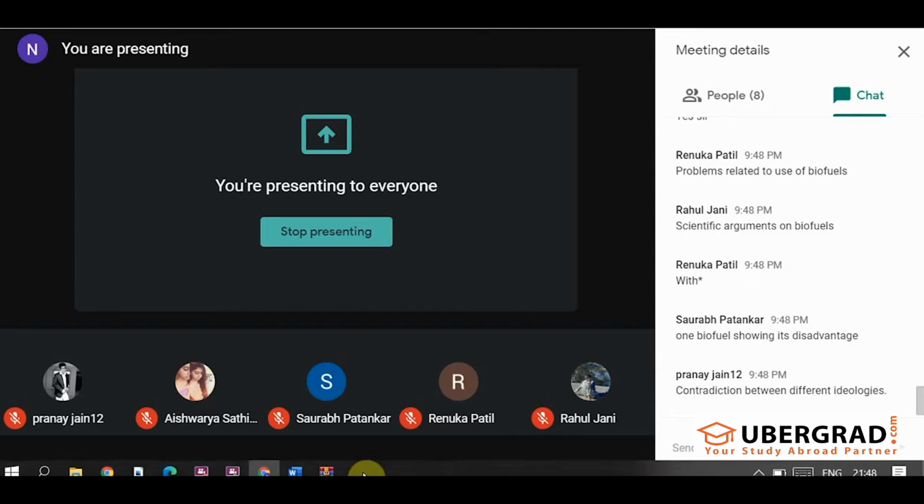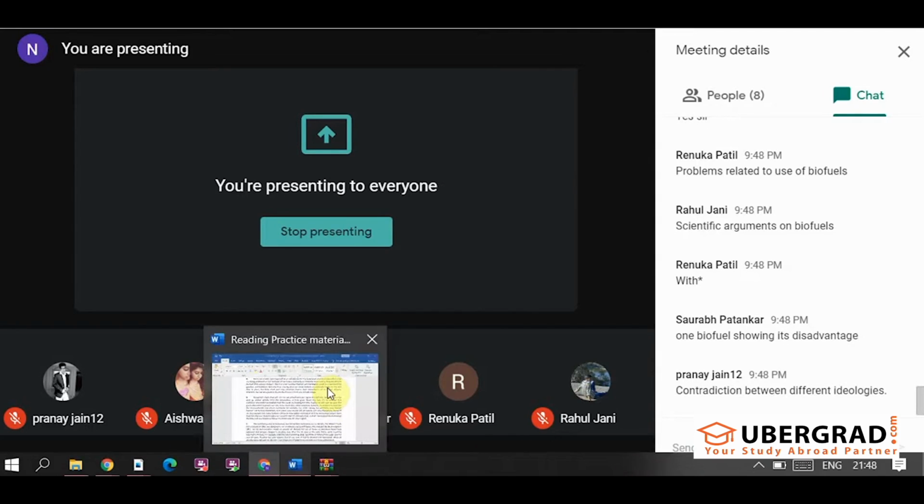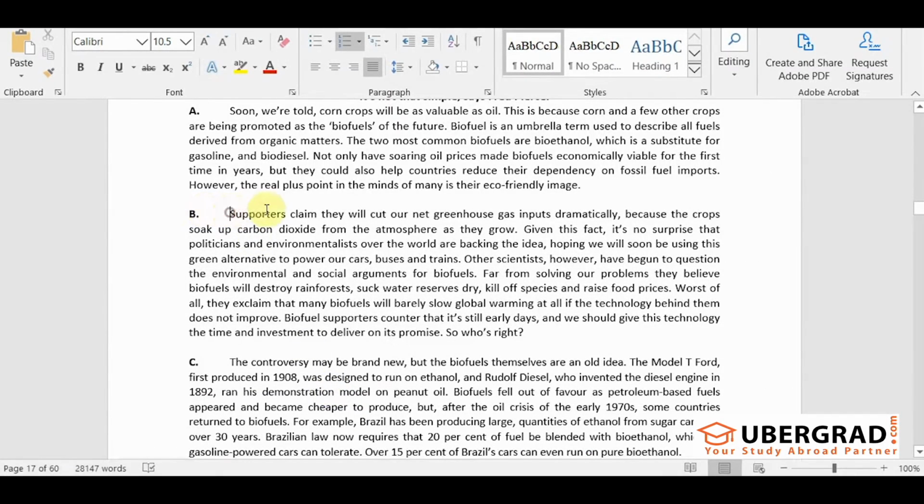See, there are two groups of people that this paragraph is talking about. First, we have supporters. The supporters are talking about the positive aspect of it, like it will soak up carbon dioxide. And what else will it do? It will give us a green alternative to power our cars, buses and trains, so we can use it as an alternative fuel. Other scientists, however, so proponents and opponents.